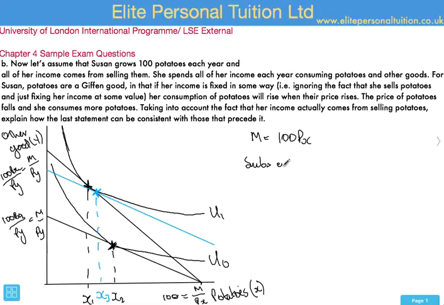Therefore, the income effect is the rest. So the income effect is from x3 to x2. It's the rest of the overall effect.